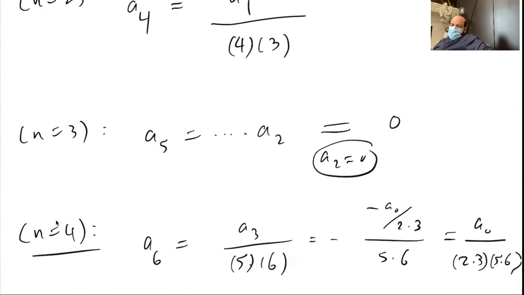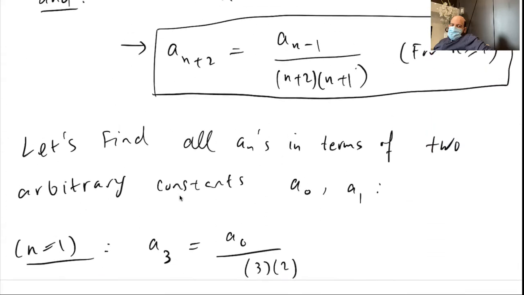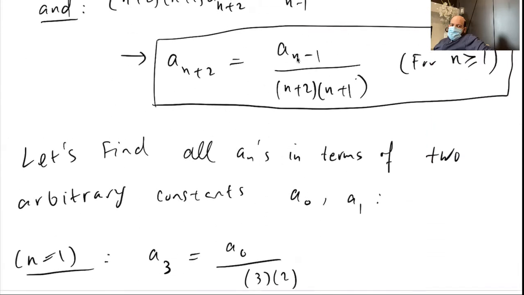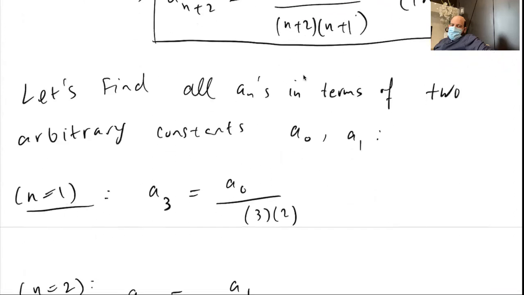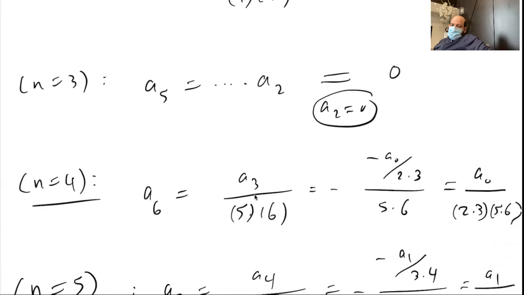Now what about if I replace n with 4? Then I'll get a6 equals a3 over 5 times 6. But what was a3? a3 was a0 over 2 times 3. So then I'll get a0 over 2 times 3, 5 times 6, because a3 is a0 over 2 times 3.